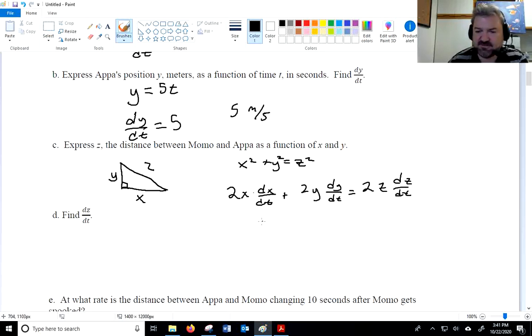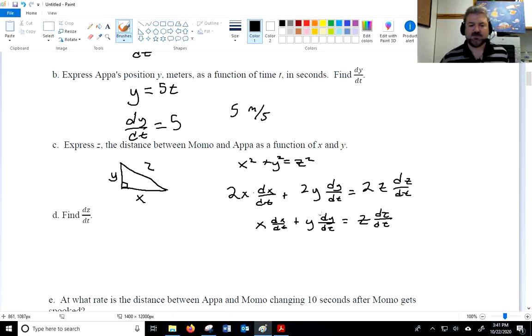So if I divide everything by 2, I get x dx/dt plus y dy/dt equals z dz/dt. Well, if I want to find dz/dt, I simply have to divide both sides by z.